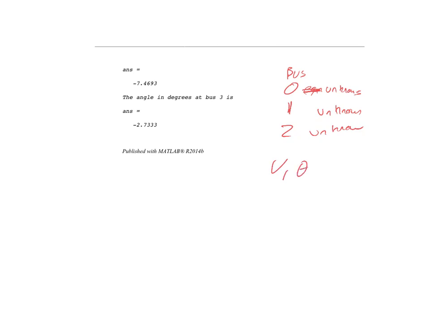If you know V and theta at each bus, then you can solve for the power flow in the system. So the max you'll ever have is 2. That's why you only have 3 buses, because you only have 3 possible combinations of knowing or having to solve for those variables. Okay? Questions? No questions?